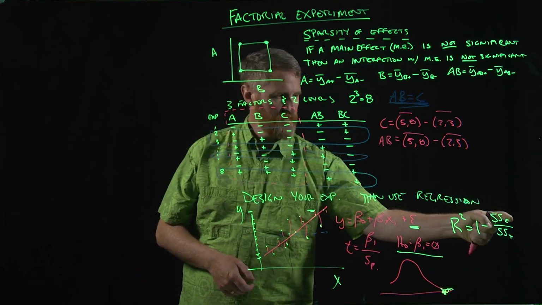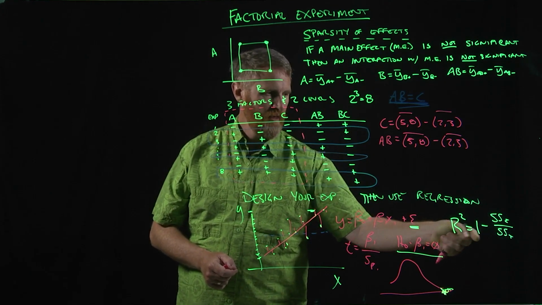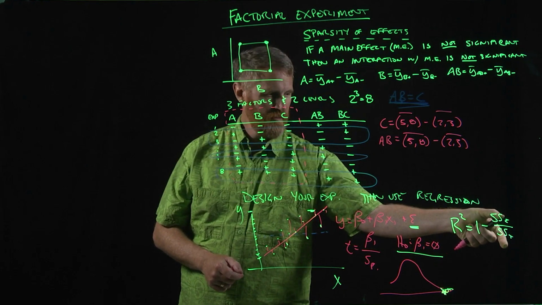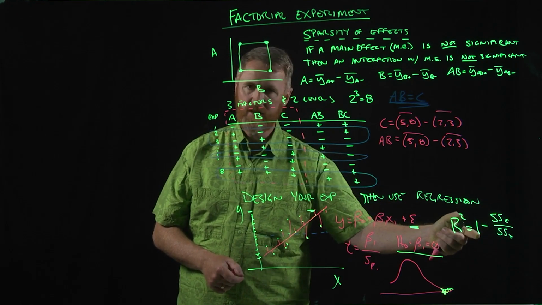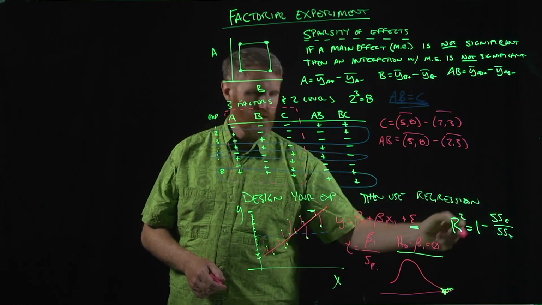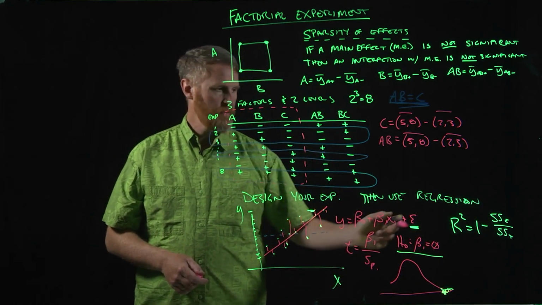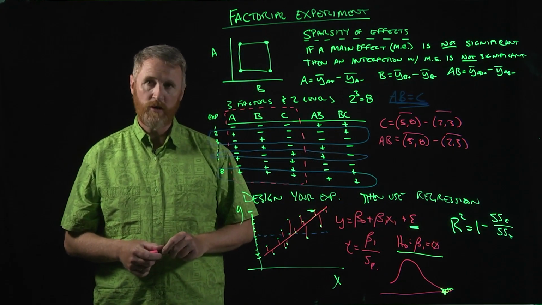So if this is much, much smaller than this, then your R squared is 1. If they're about the same, then this becomes 1 and this goes to 0. It's not ever possible for the sum of squared errors to be bigger than the sum of squared total.